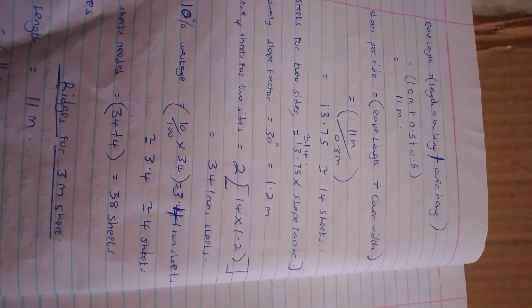The sheets per side we get by dividing the eave length by the cover width. When you're roofing, you place one iron sheet on top of the other, and the part of the sheet that remains below the other is what we call the cover width, which is always 0.8 meters.